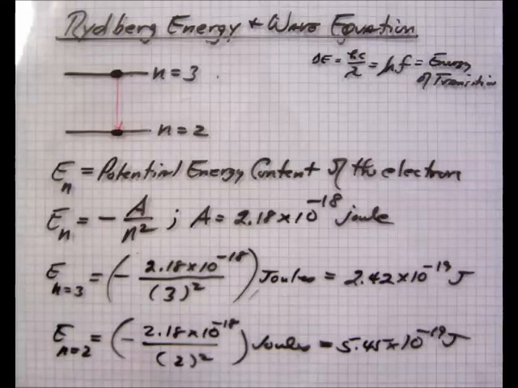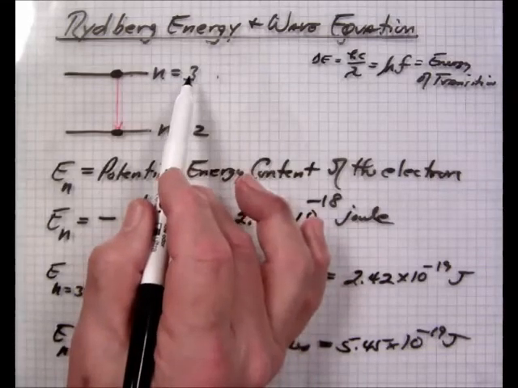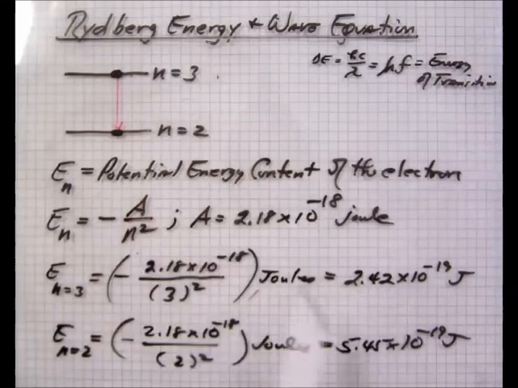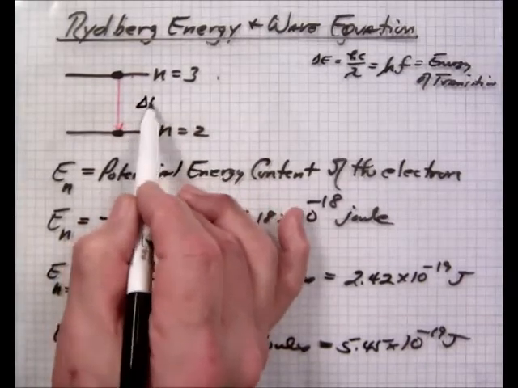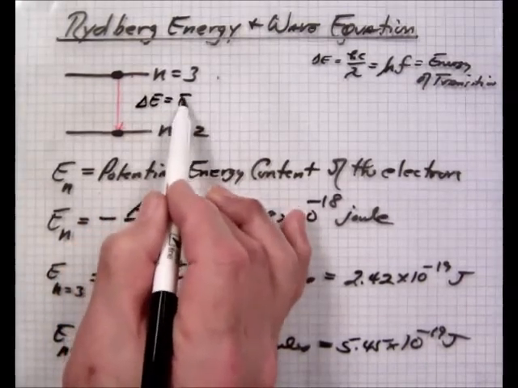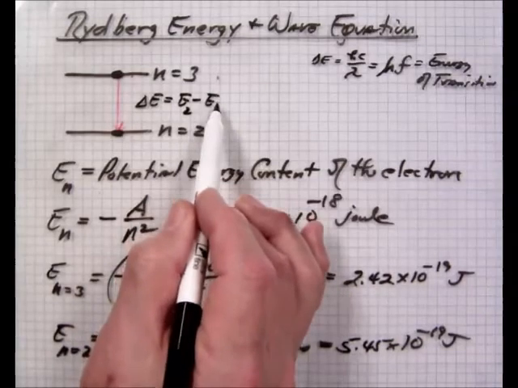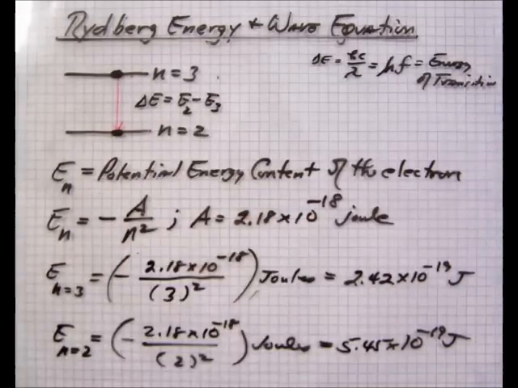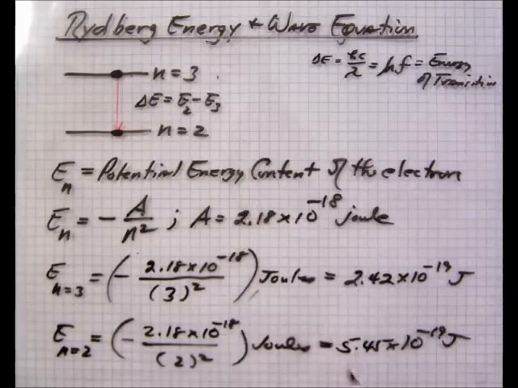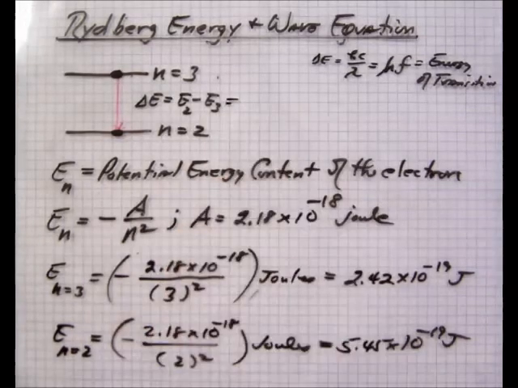Okay? So if we know what it is in n equal 3, and we know what it is now in n equal 2, how do we get the change in energy now? E2 minus E3 energy levels, okay?